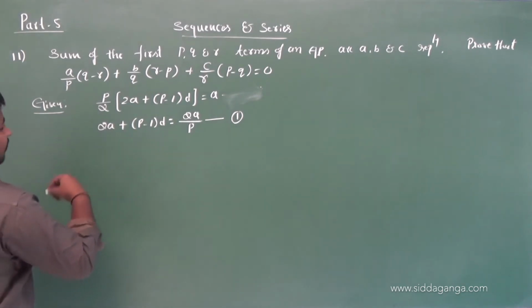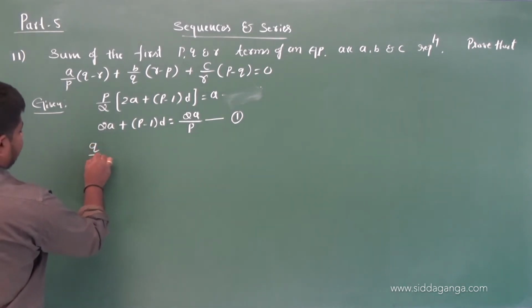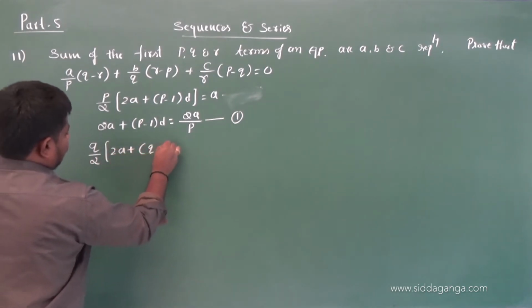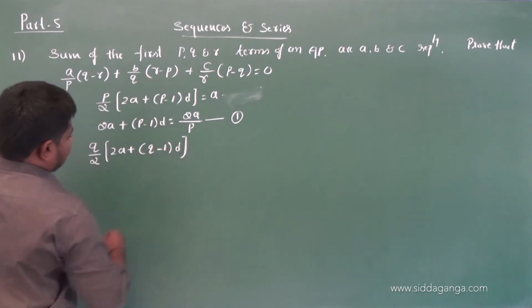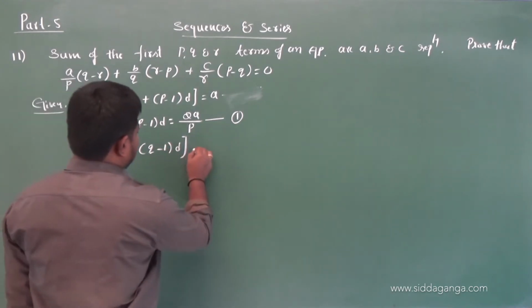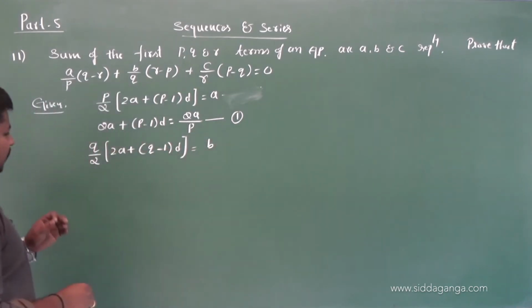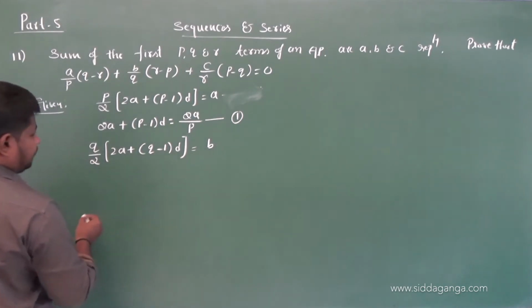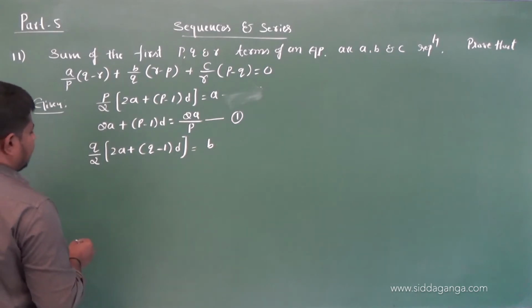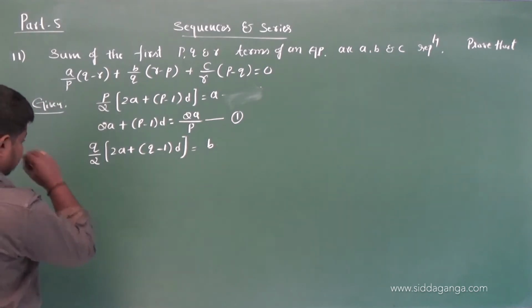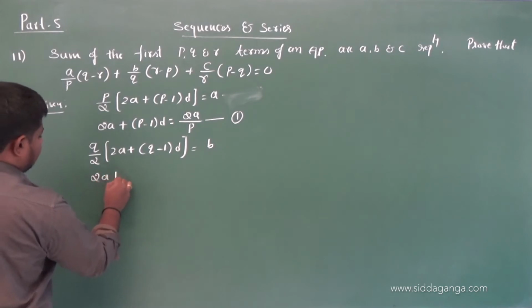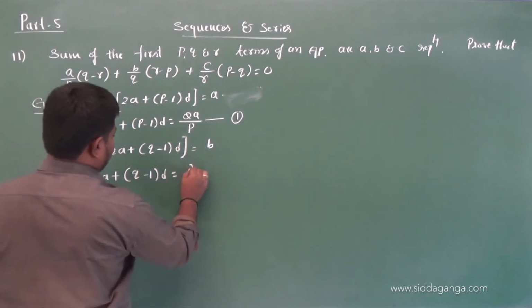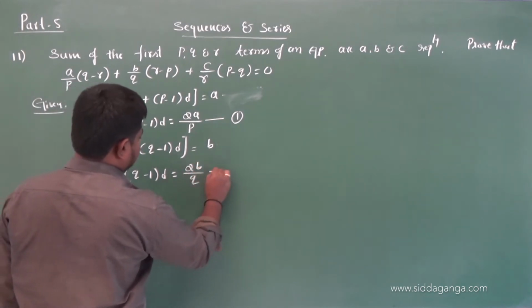Now the second thing, the sum of the first Q terms. So Q by 2 into (2a plus (Q minus 1) into d), where a and d are the first term and the common difference respectively. This is given, that is B. I can rewrite this as 2a plus (Q minus 1) into d is equal to 2B by Q. Take it as equation 2.